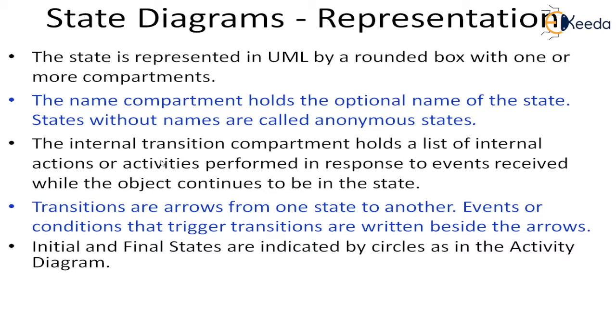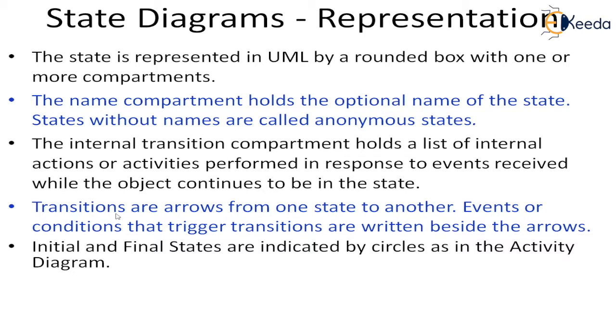Then there is the internal transition compartment, which holds the list of internal actions or activities performed while the object continues to be in that state. Until another event happens by which the state will transition, these activities will continue to be performed, and they are written inside the internal transition compartment.